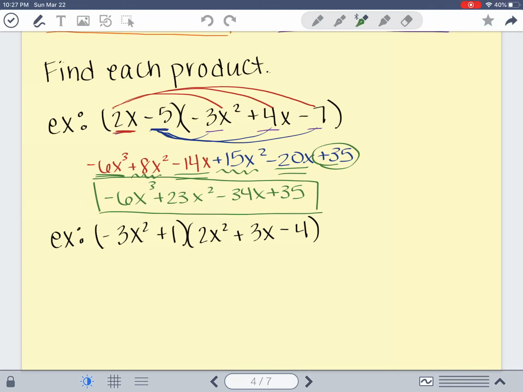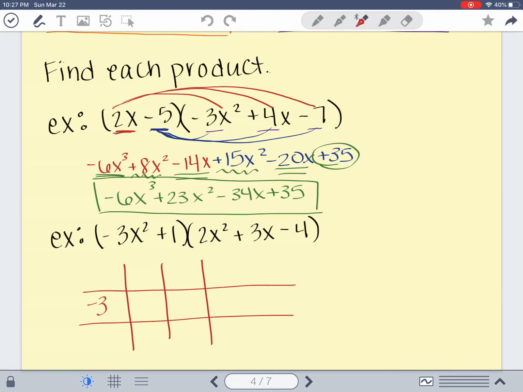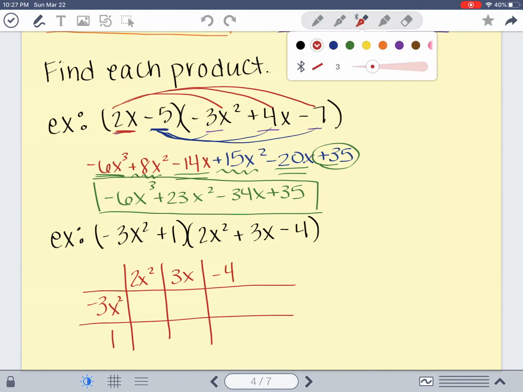All right, on this next one, let's go ahead and do the grid method for those of you that prefer that method. I'm going to put my binomial along the side. So negative 3x squared plus 1. And my trinomial of 2x squared plus 3x minus 4 on top.